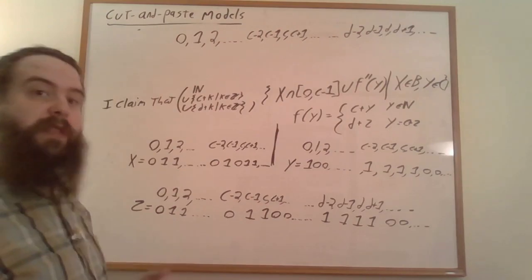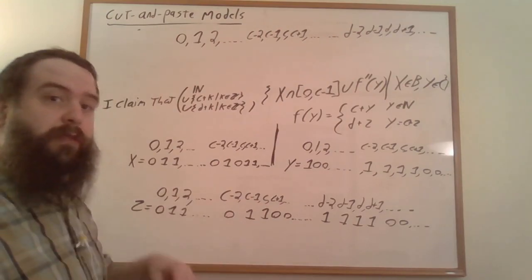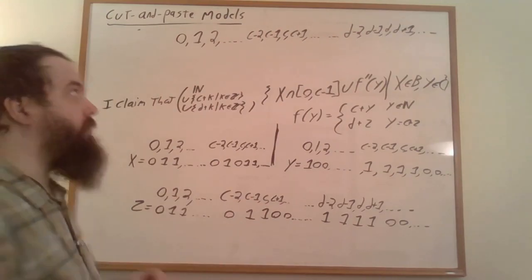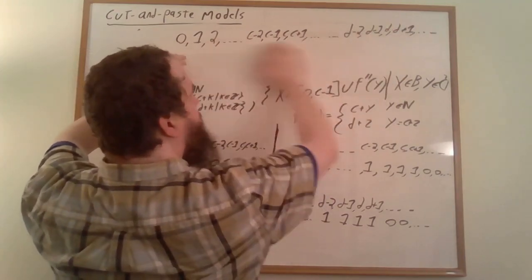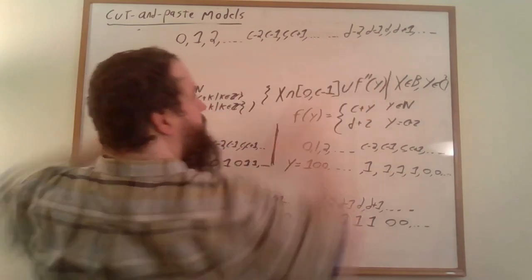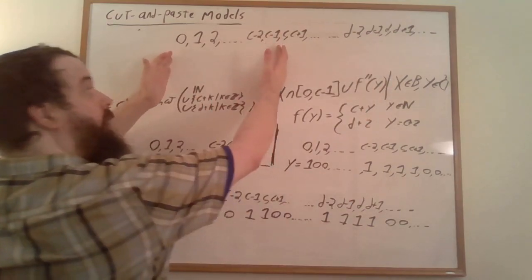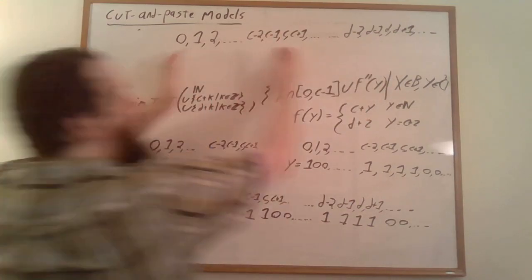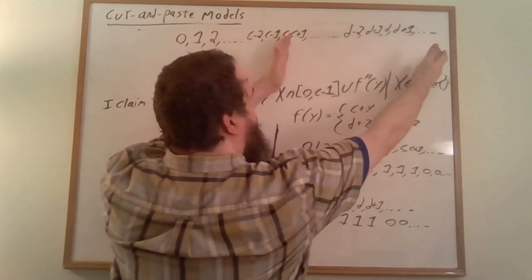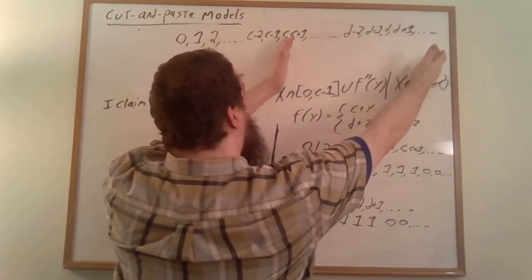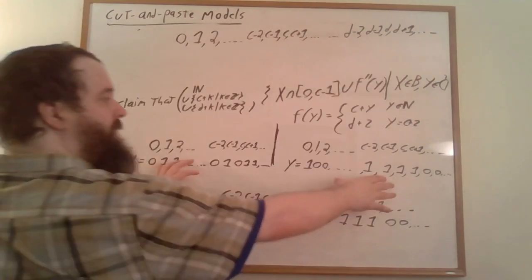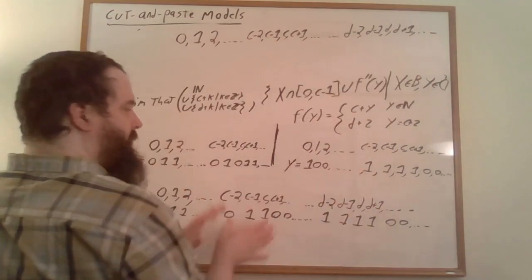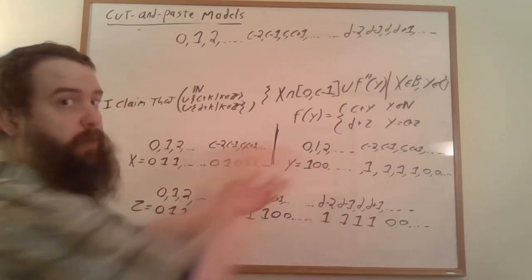So one of the things that we can do, combining the three constructions that I've talked about so far, is to take one non-standard model of omega plus 2z, cut out this bit to get one omega plus z model, and cut out this bit and get another omega plus z model, and then swap the two bits, and then paste them back together using this construction here, but swapped.